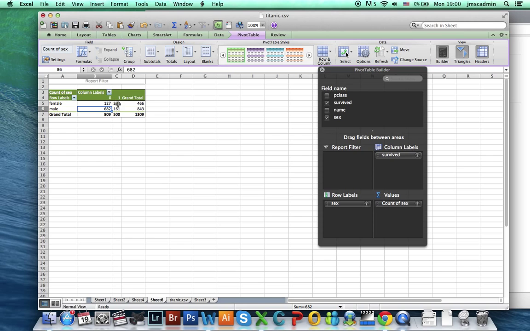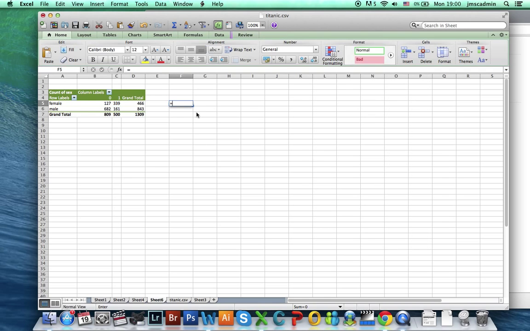Given who is a survivor, meaning this column, the total number of survivors is 500, and 3 of them are female, so it can be calculated as 3 divided by 500. This is the first probability that we want.